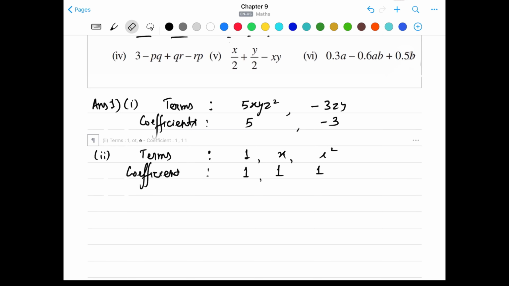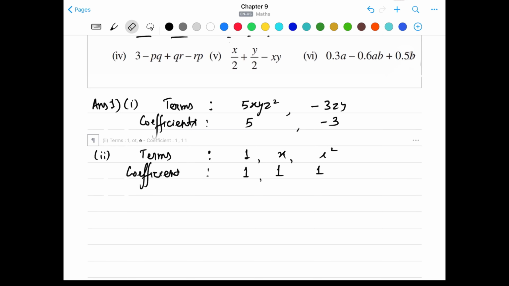Okay, so terms here are 4x square y square, comma, minus 4x square y square z square and plus z square. Okay, coefficient here will be, for this one coefficient is 4, that is the numerical value. For the second term the coefficient is minus 4, and since we don't have any number multiplier, the coefficient of this term will be 1.